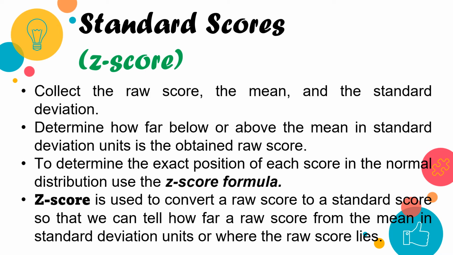If we just look at the raw score of John Michael in business statistics, 82, and the mean score of 85, we can really say that 82 and 85 are close together. Now for the z-score here, we will try to dig more, to see where the raw score lies, for example, for business statistics.